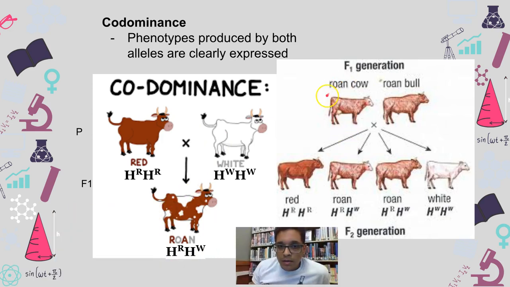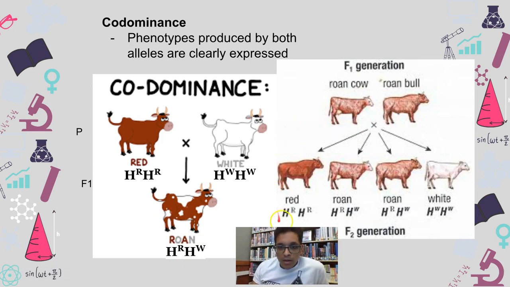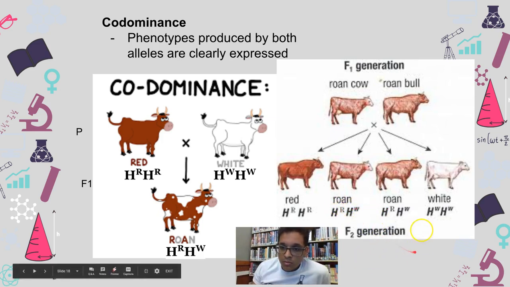So then you'll take that F1 cross that you get here, and you'll cross it with itself, and so you'll have an H^R and an H^W cross, fill out a Punnett square, and what you'll get is 1/4 of these will be 2 H^R's, 1/4 will be 2 H^W's, and 1/4 will be an H^R and H^W. And so you'll get a genotypic ratio of 1 to 2 to 1, and then a phenotypic ratio of 1 to 2 to 1.